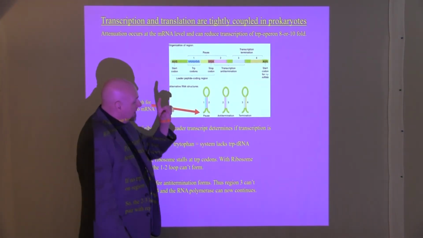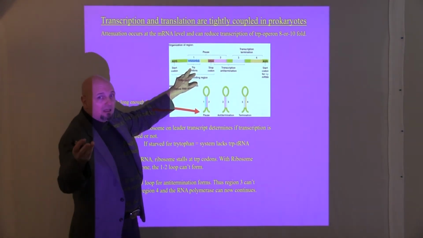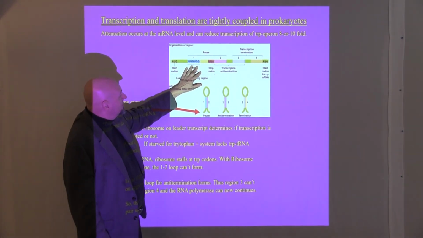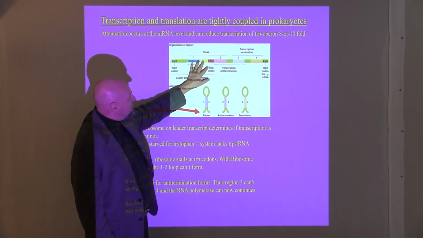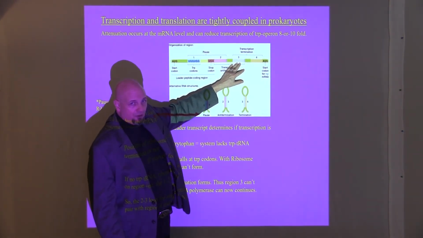However, if you have tryptophan charged transfer RNAs, which means you have a lot of tryptophan in the system, then the ribosome goes past that and ends up on region number 2, which prevents it from interacting with region number 3.